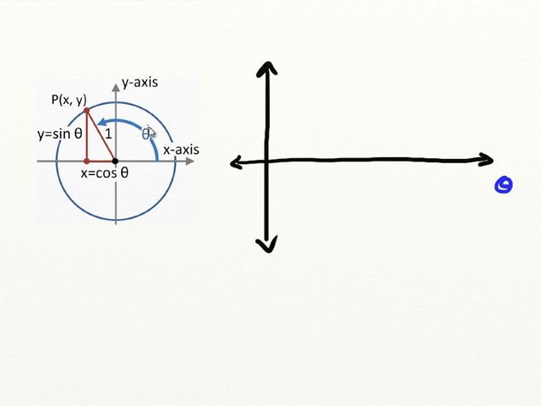That is, how far around the circle have we gone? We'll start at 0 and once we've gone around one complete revolution, we've done 360. So halfway through would be 180, a quarter of the way through would be 90, and 3/4 would be 270.